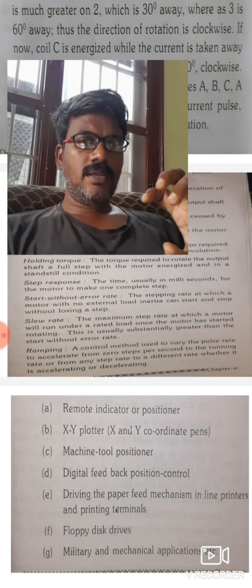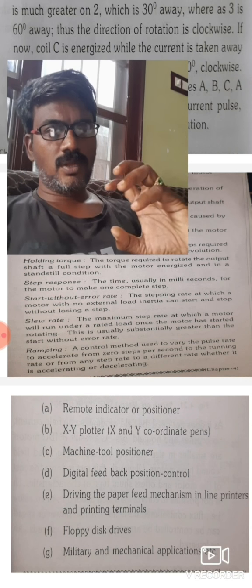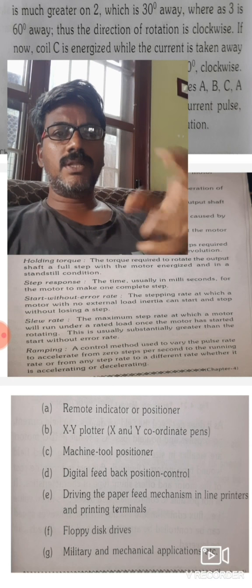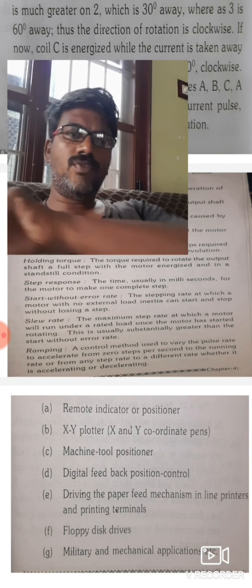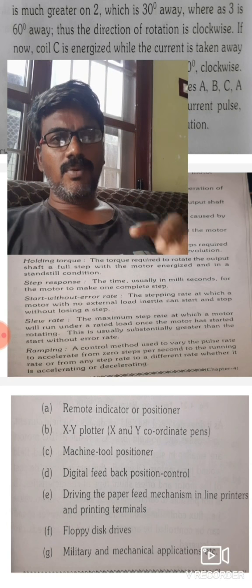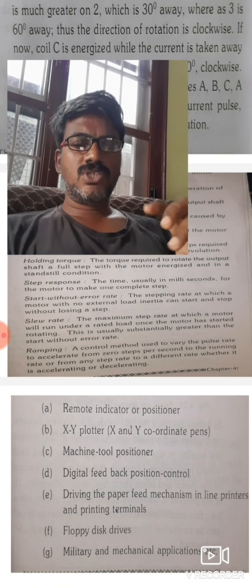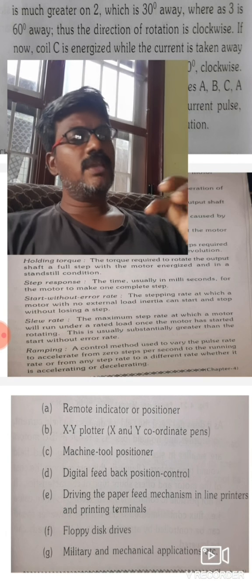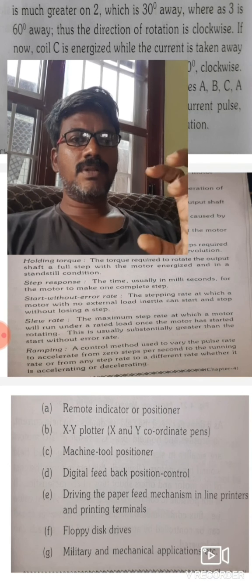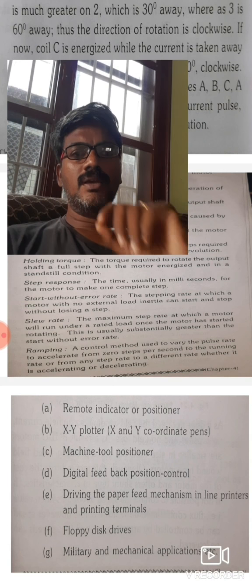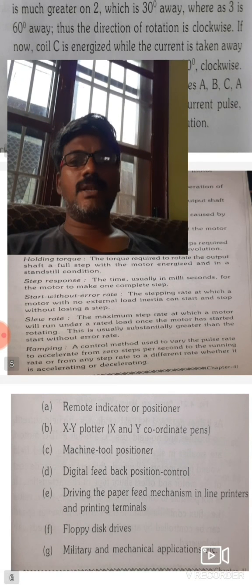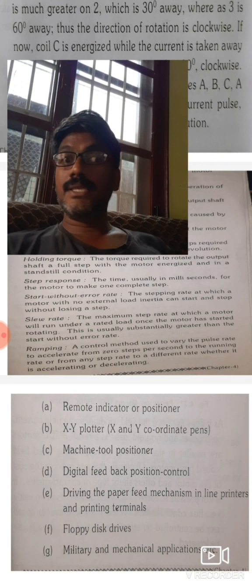After printing another line, again the roller will rotate another step. So by giving input pulses, the rotor will rotate. After printing one line, the computer gives a pulse to the stepper motor and the rotor rotates. Simply by giving a pulse, the rotor rotates. So it drives the paper feed mechanism in printers and printing terminals, and floppy disk drives.